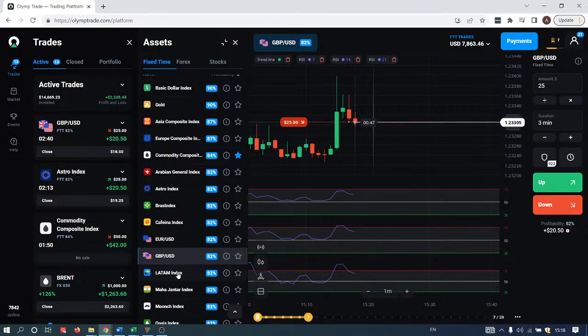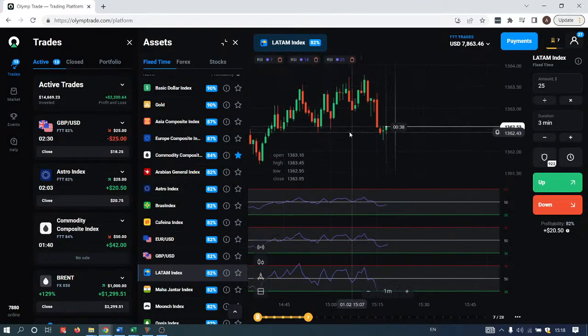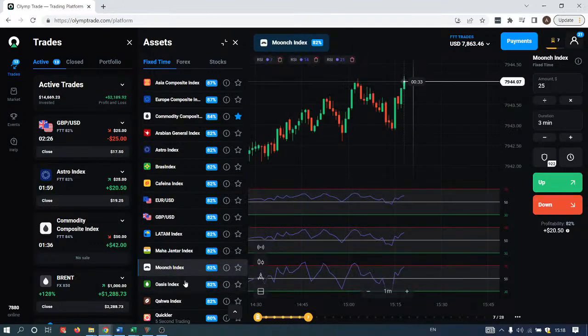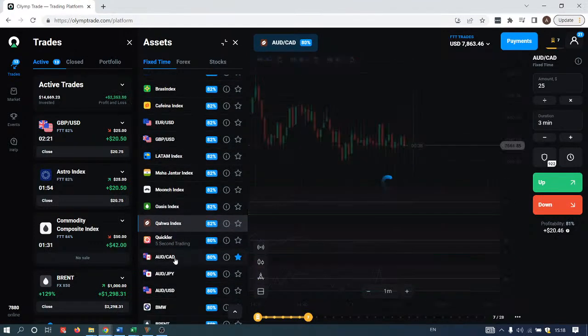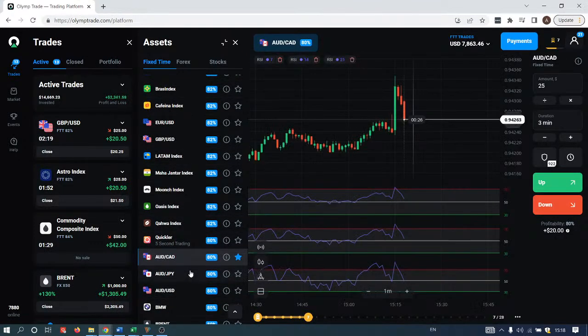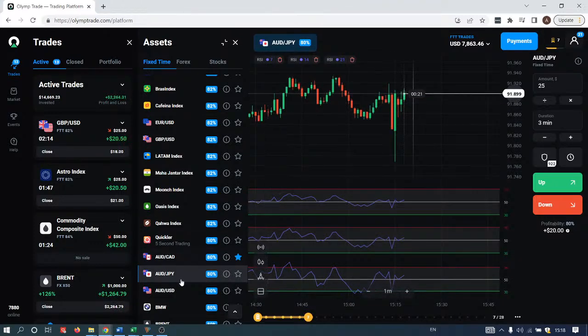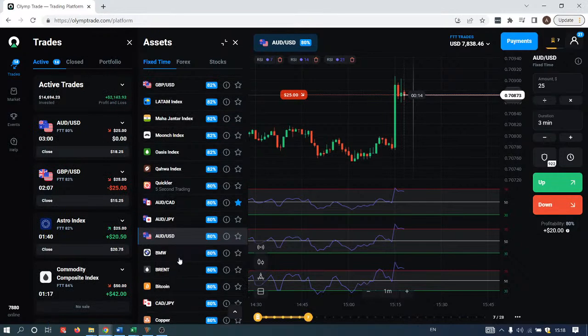So let's try to take the signal from the triple rebound strategy combined with the news, and we'll see how it's gonna work. Wow, AUD CAD. All right. AUD USD. All right, so let's try this one as well.